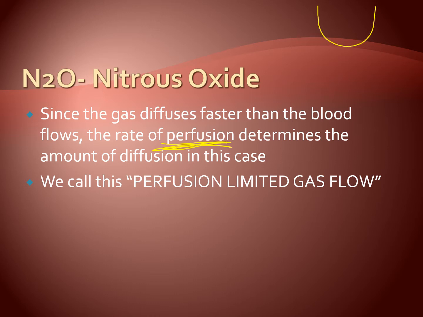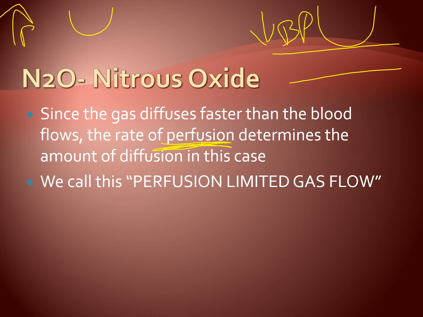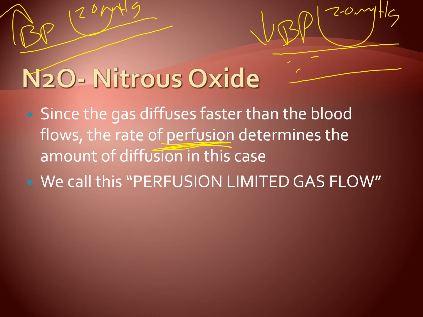So over here, I have a patient with low blood pressure. And over here, I have a patient with high blood pressure. So if I have a pressure of nitrous of 20 millimeters of mercury on both sides, both pressures are equal, but one has hardly any perfusion going past there.